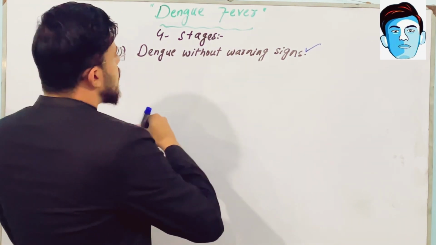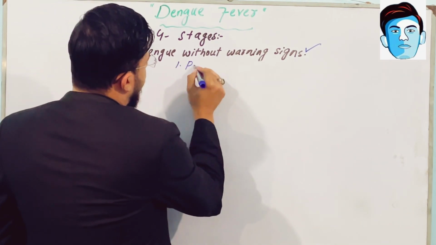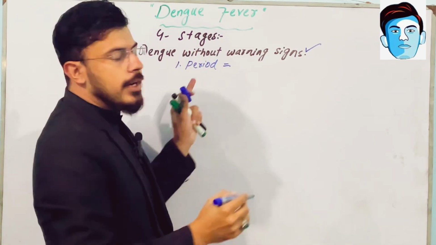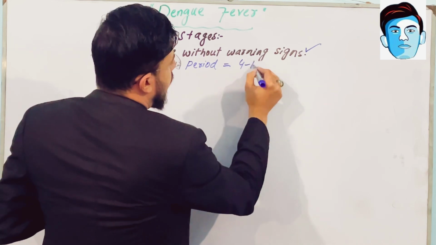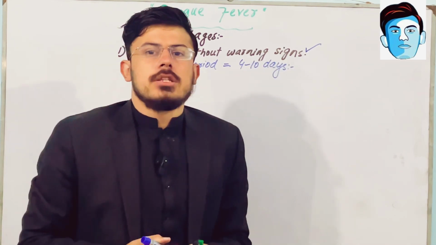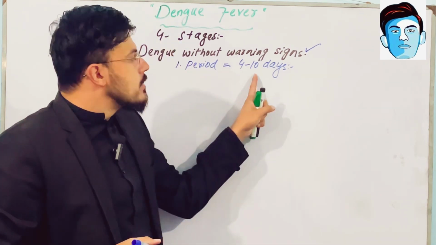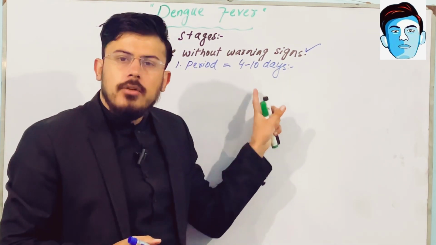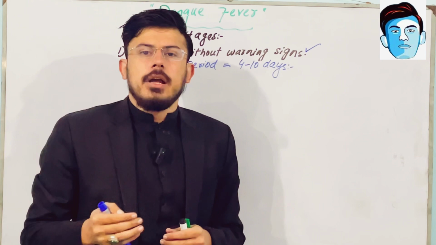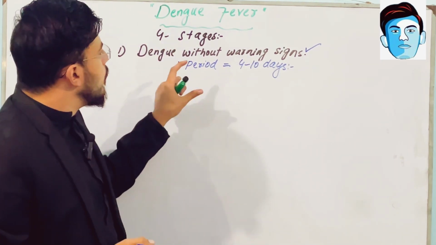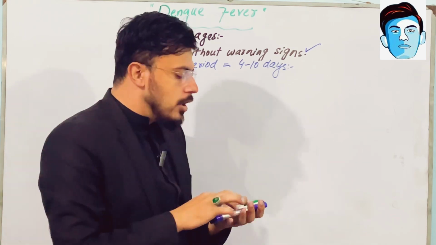What is the incubation period of the first stage? That is 4 to 10 days. If a patient is infected with dengue, up to 10 days there will be no symptoms, but after 10 days the patient begins to develop symptoms. So what are the clinical presentations?